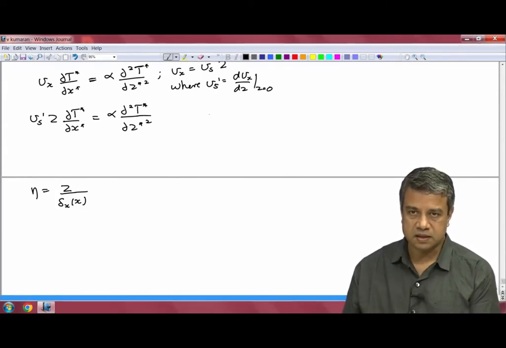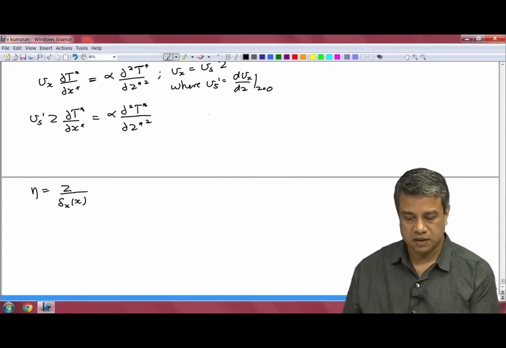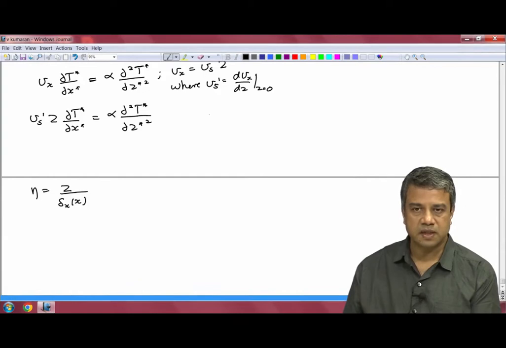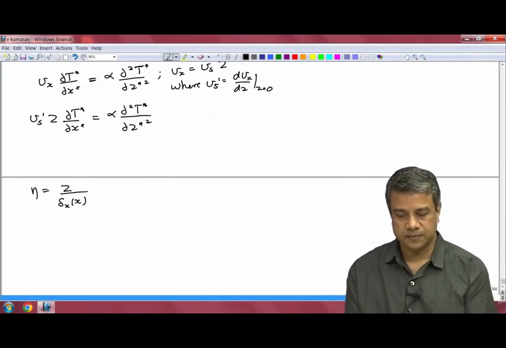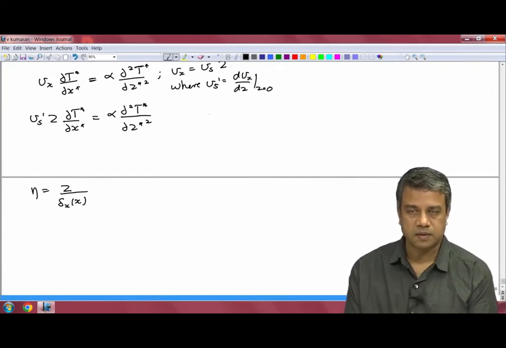But within this region there will be a balance between convection and diffusion, and this dimensionless parameter eta, that is z scaled by this boundary layer thickness, is order 1 in the limit as the Peclet number becomes large.